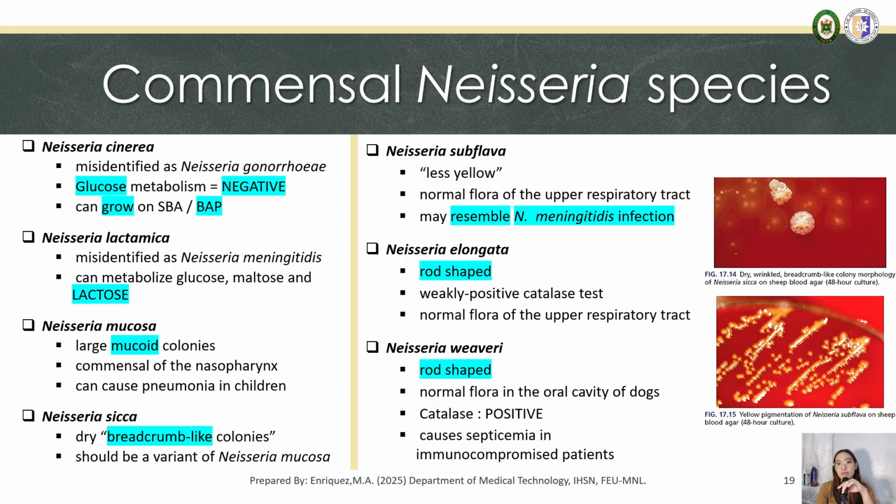Okay, so Neisseria weaveri is catalase positive and does not produce acid from any of the carbohydrates. Rare cases of septicemia in immunocompromised patients have been reported to be caused by Neisseria weaveri. So again, ulitin po natin, normal flora po talaga ito ng mga aso. Okay? So it's only transmitted to humans in cases of dog bites.